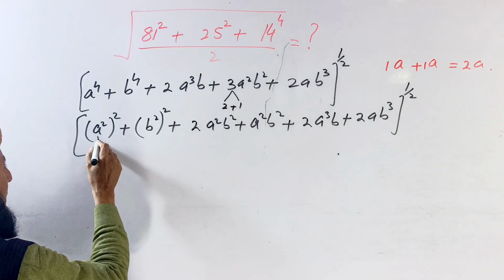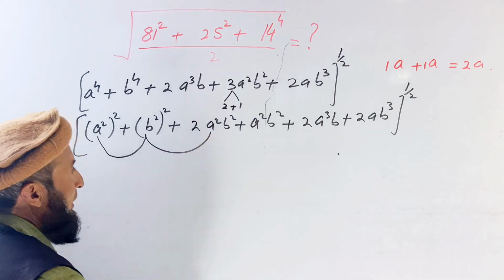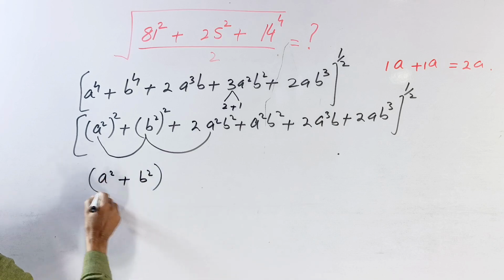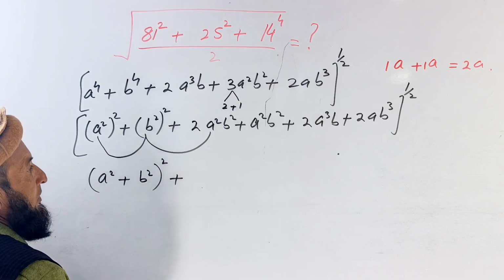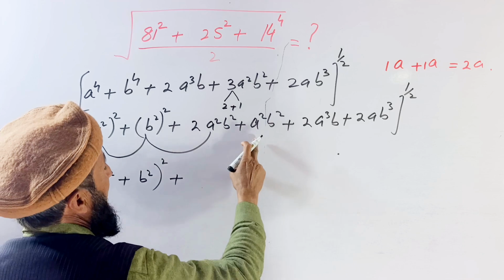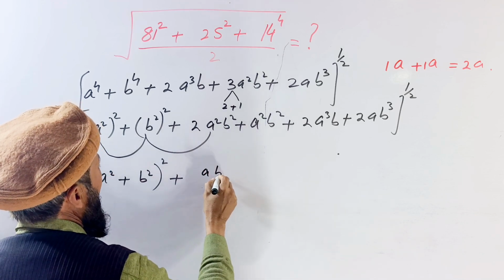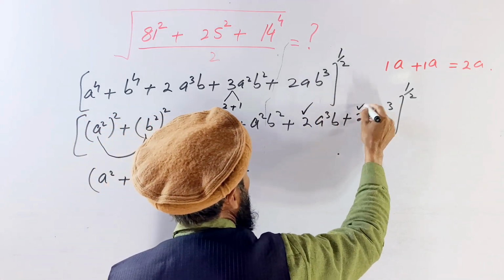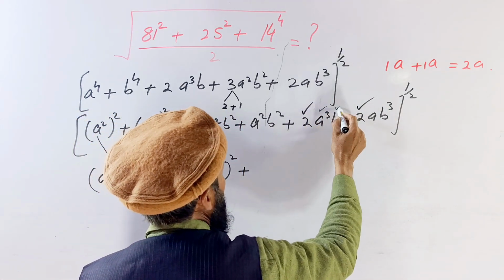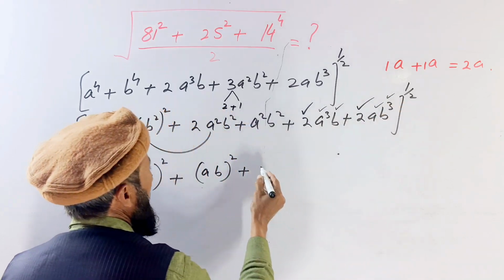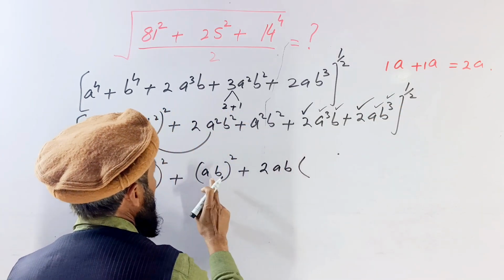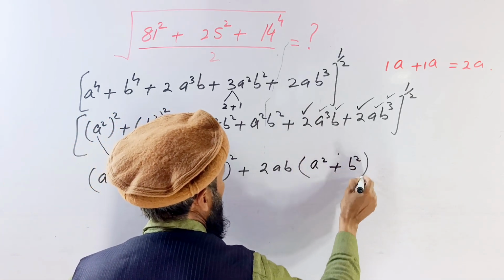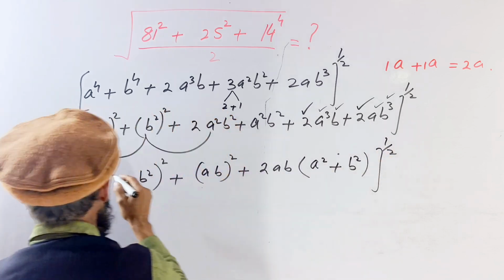Now from here we will complete the formula: (a^2 + b^2) whole square plus (ab) whole square plus, and here we are taking 2 common; a and b are also common from both, so 2ab is common, because the product ab is coming, a square is remaining and b square is also remaining, whole exponent 1 by 2.